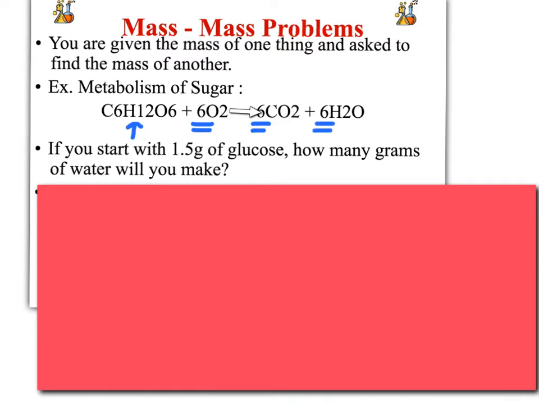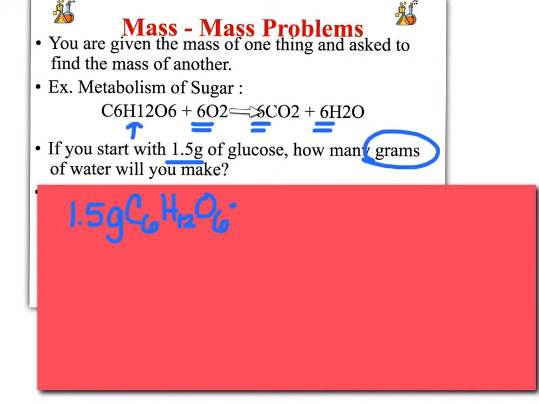All right. So this time, instead of giving us moles, they're giving us grams. So if we start with 1.5 grams of glucose, C6H12O6, and they want to know how many grams of water you would make. All right, now here's the thing.